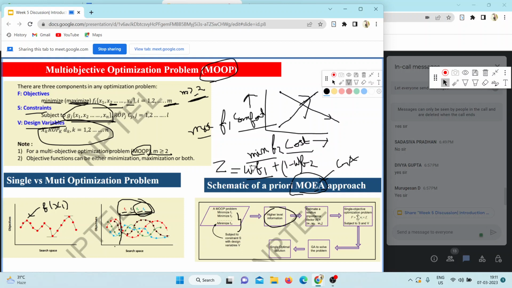So we are giving some weight to this f1, that is comfort, and we are giving the rest of the weight to f2, that is cost. And by forming this J, we are converting this multi-objective optimization to a single objective optimization. Now we can say we have to minimize or maximize this J.